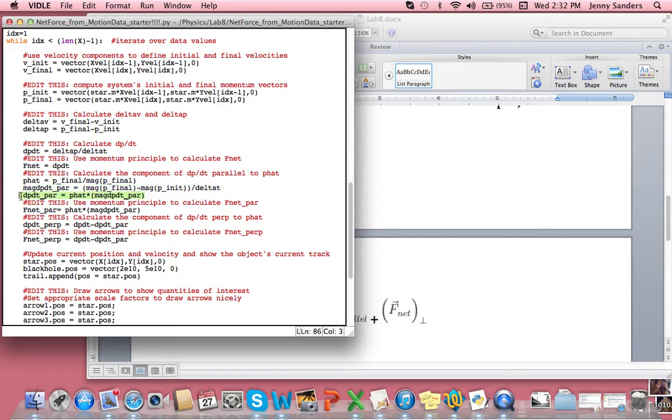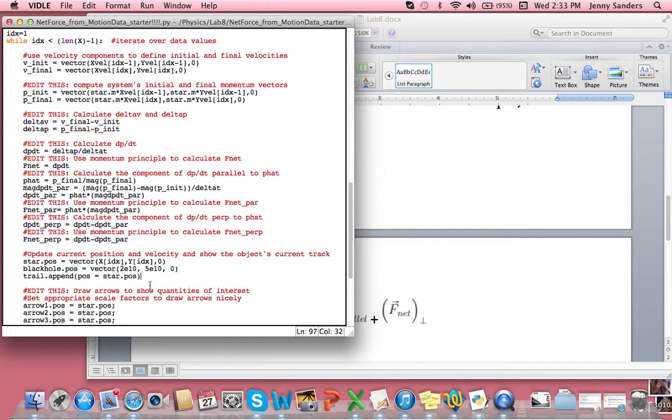Knowing that that parallel component equals that, we can say the same thing for F net, and then we can subtract the parallel component from dP dt and set that equal to the perpendicular component and say the same thing for F net. So now that we know the components, we can examine how these affect the star using the arrows.